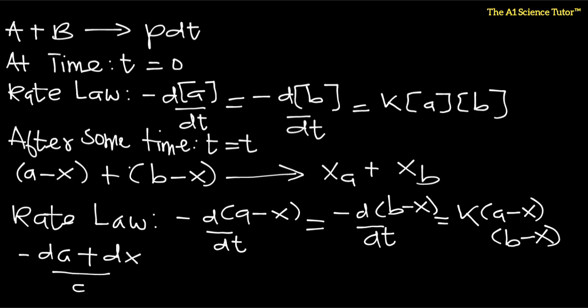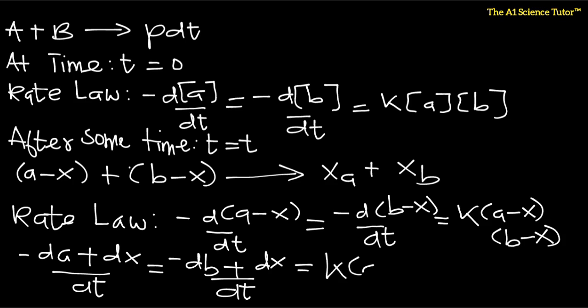This whole stuff will be over dt. Now for the second term, we have a negative dB plus dx. This will be over dt. Then on this side, we have k multiplied by A minus x and B minus x. So this will be the rate law for the second step, where t is equal to t, right, after some time.